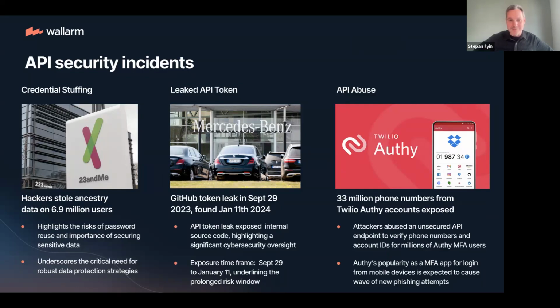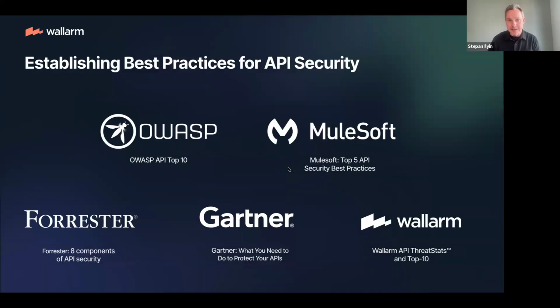And unfortunately, it's very common that those tokens and secrets get leaked in a variety of places like Git repositories or maybe Postman collections. That was the case with Mercedes, where the GitHub token was leaked, and it basically resulted in the exposure of the source code. Not a unique example, so that's why it makes it even more interesting.